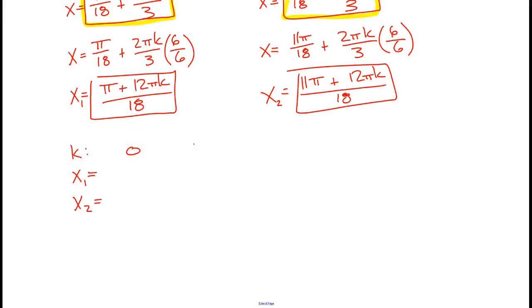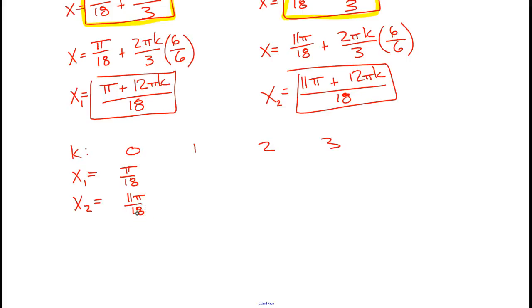Notice that I decided to start with 0. If I picked k equals -1 for either of these two x values, I'll get an x that is less than 0, and we were told that we have to be greater than 0, so I'm not going to do that. So if k equals 0, I have a solution here of pi over 18, and this one would be 11 pi over 18.